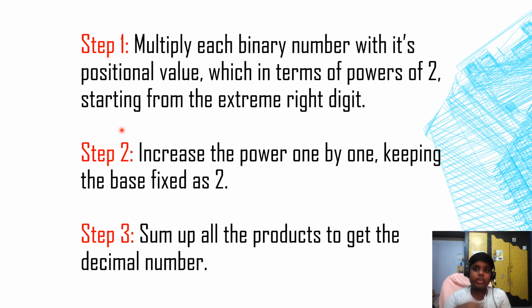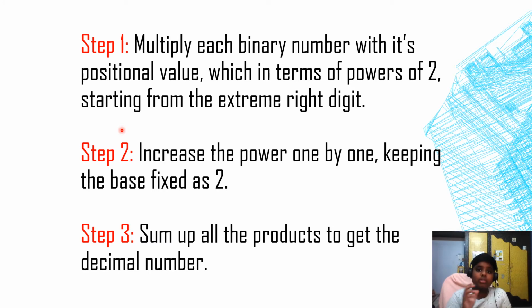So 0 into 2 to the power of 0 is nothing but 0 into 1, which means 0 only. So the first product is 0. Next you have again 0, so 0 into 2 to the power of 1, which is 0 only. Again the next product is 0.